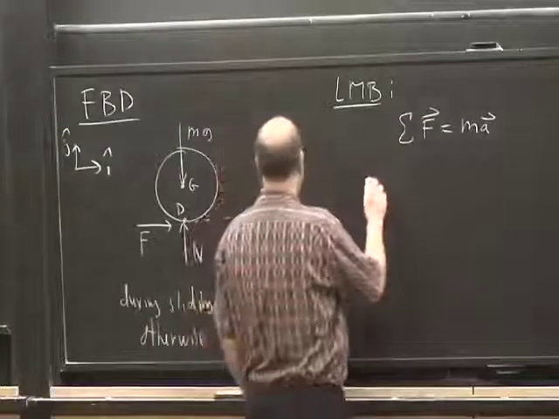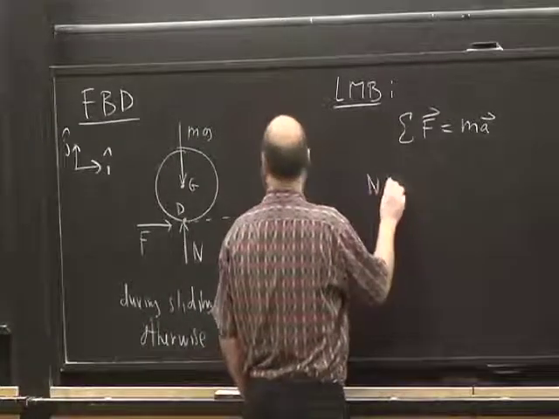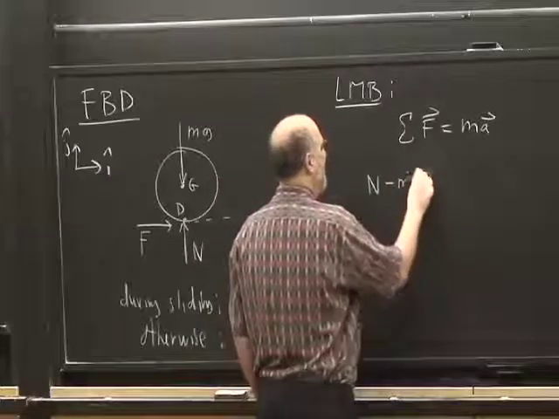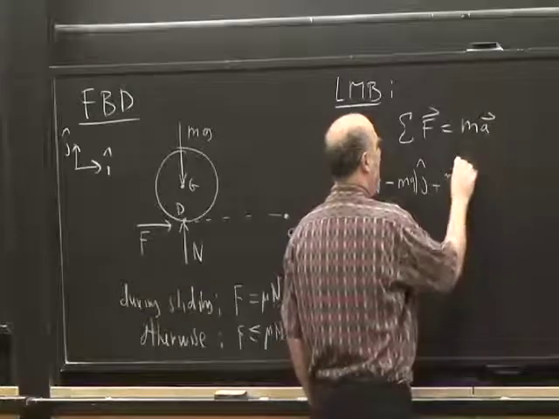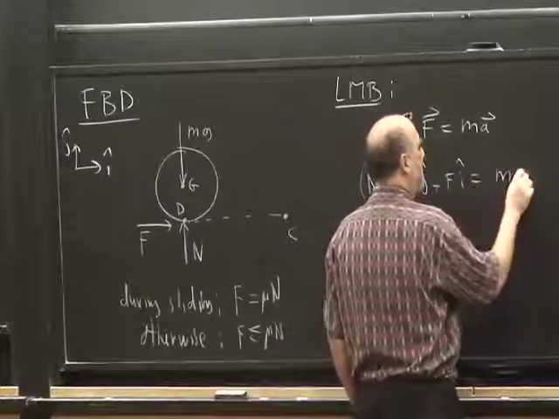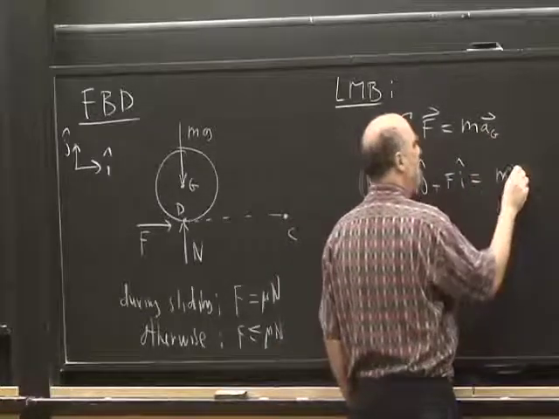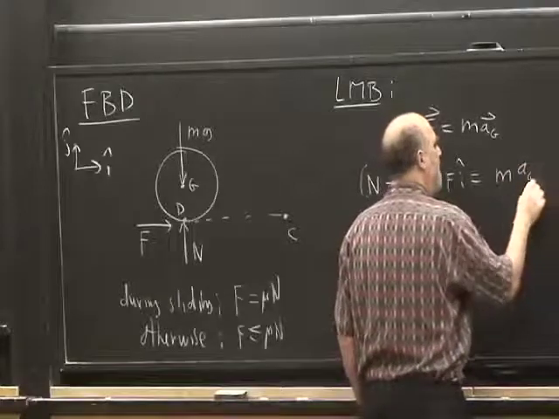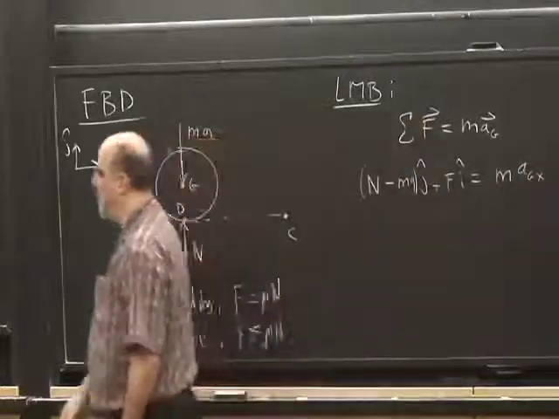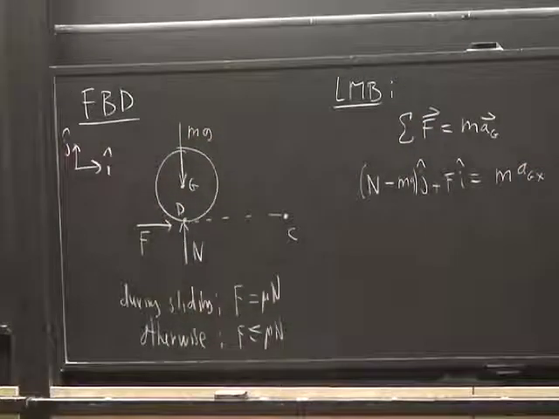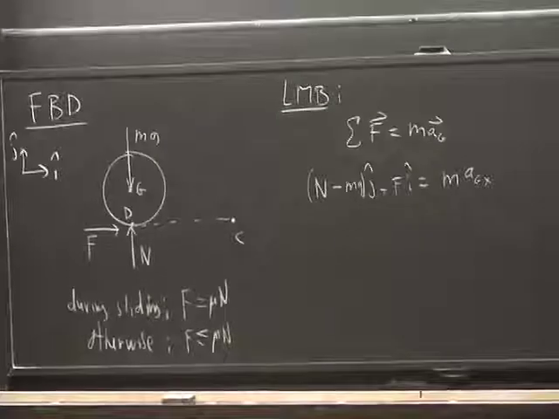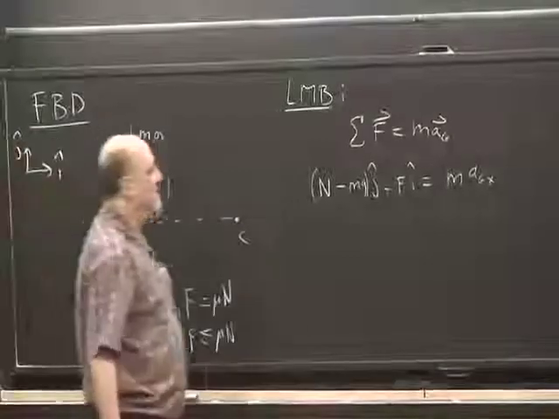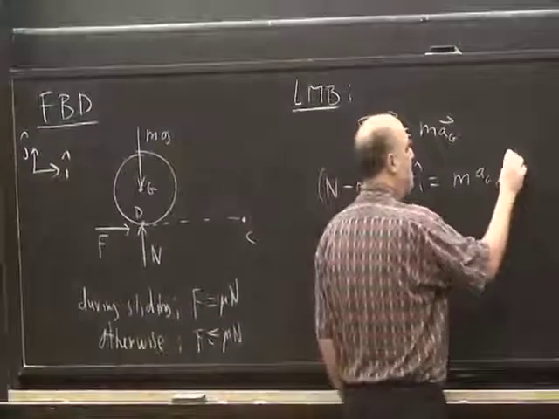What do we have here? We have N minus mg j, and we have a plus F i equals the mass times the acceleration, and this is the acceleration of this point G. And if we assume that this thing doesn't jump off the ground or fall through the ground, we know that point G stays a constant distance above the ground, so it's only got an acceleration in the x direction.